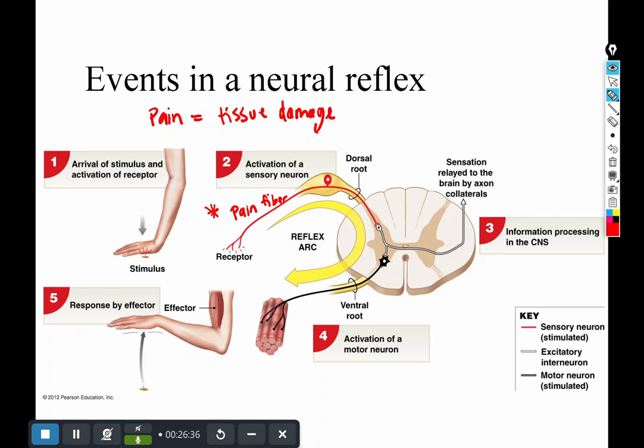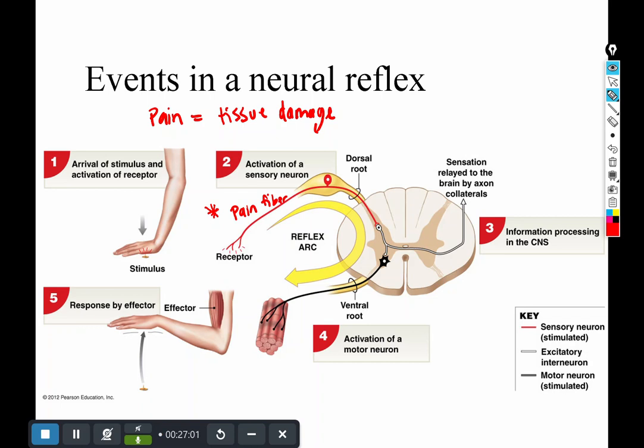So we need to know specifically where it's coming from so we can get that part of our body away from the painful stimulus. And we need to know the nature of the tissue damage at least as much as we can. And we also need to be able to know that this is pain that's occurring and not just some other sense like pressure or vibration or just being touched. It's pain and we have to do something about it.